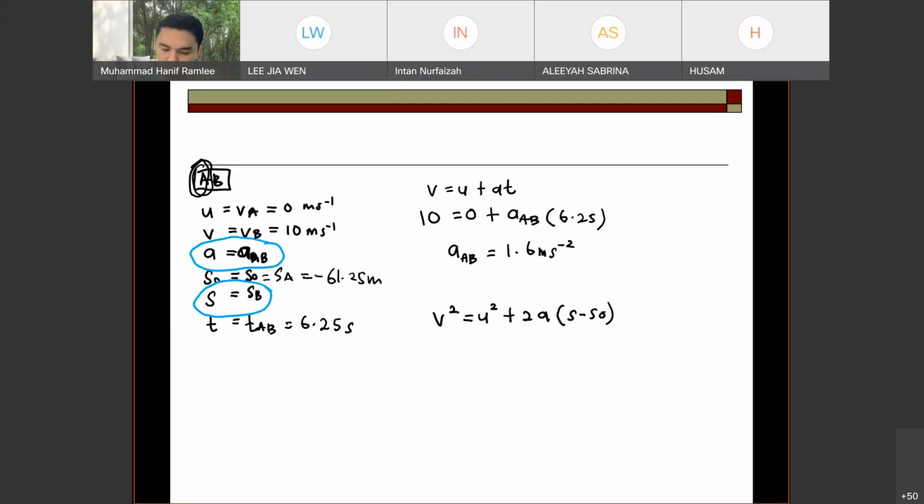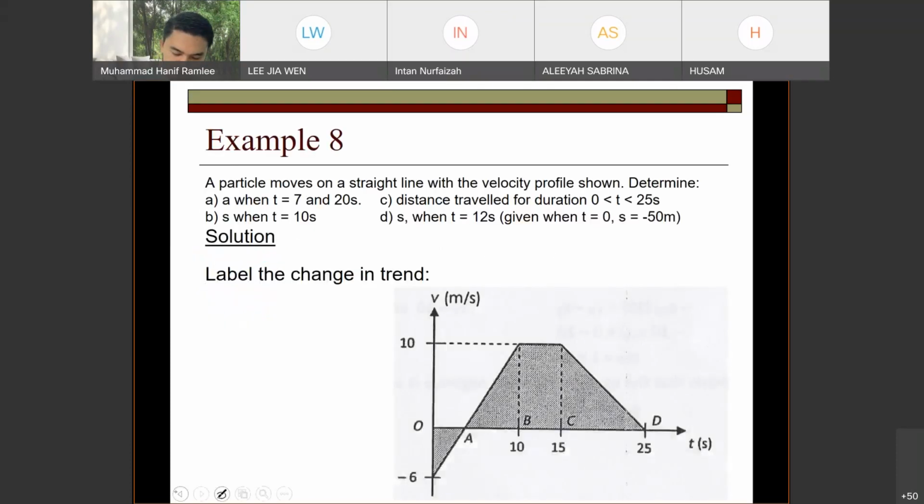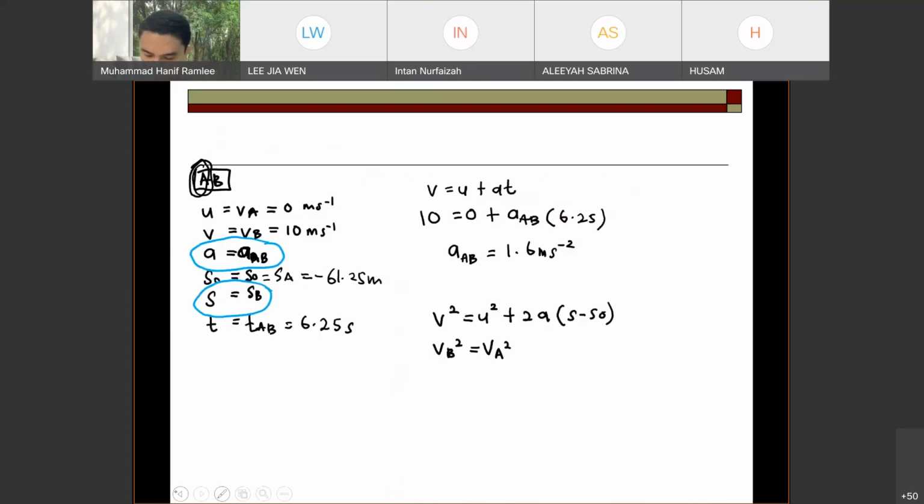So we have VB squared equals VA squared plus 2 AAB, S is SB, minus S naught is SA.